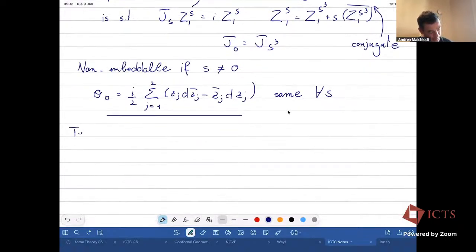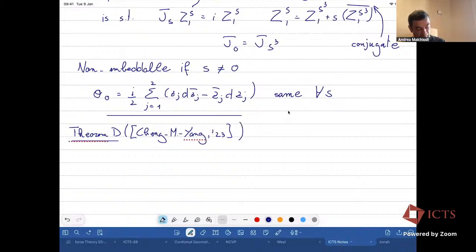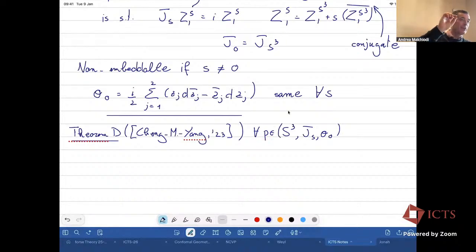Theorem D. This is due to Cheng, myself, and Paul Yang from 2023. For any P in S3, with J S and theta 0, actually I said all the points are equivalent, so you can just fix any point you like.